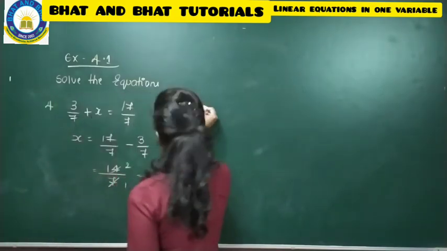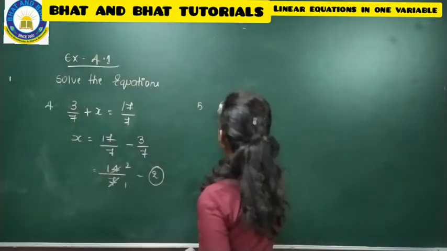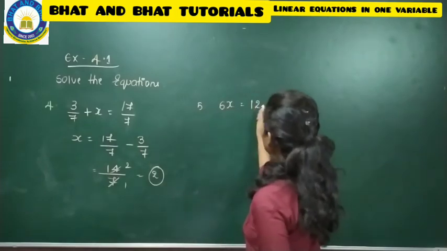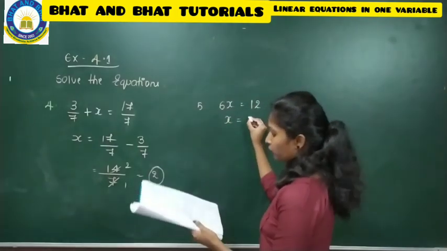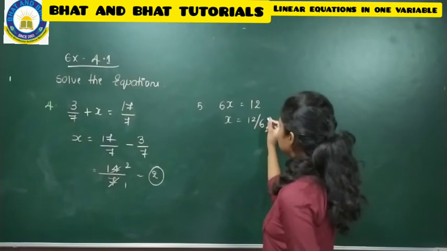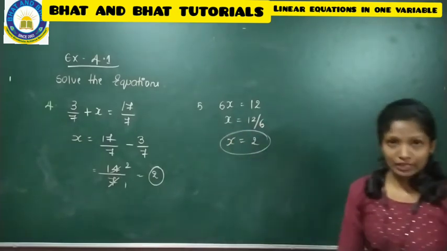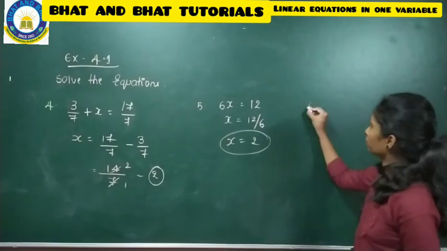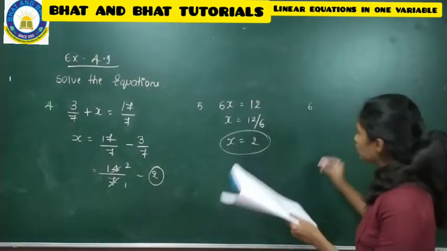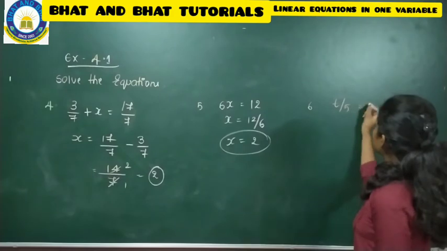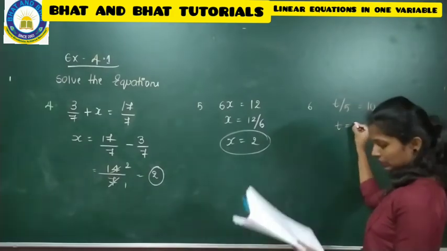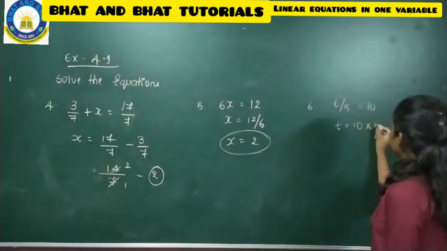So see the fifth question now. 6x is equal to 12. X is equal to 12 by 6. 6 ones are 6, 6 twos are 12. Therefore, the value of x is equal to 2. See the sixth question, t by 5 is equal to 10. T is equal to 10 into 5.